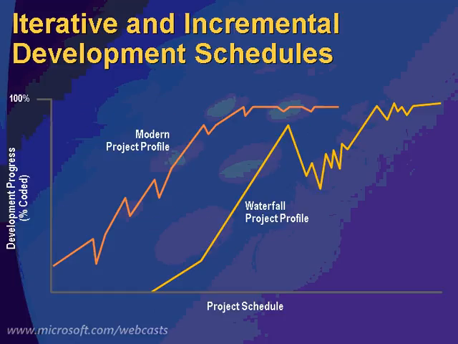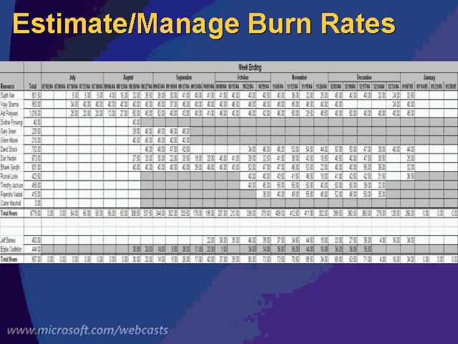So if you look at the development schedules between iterative and incremental development activities, what you'll find is that the more agile approaches will tackle some of these things earlier on in the project, whereas the waterfall project will probably take a lot longer and tackle some of these things later on. So another key thing is to be able to constantly estimate and manage your burn rates, especially if you're using consultants.